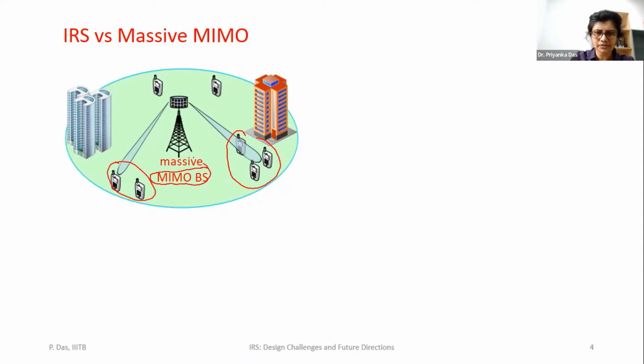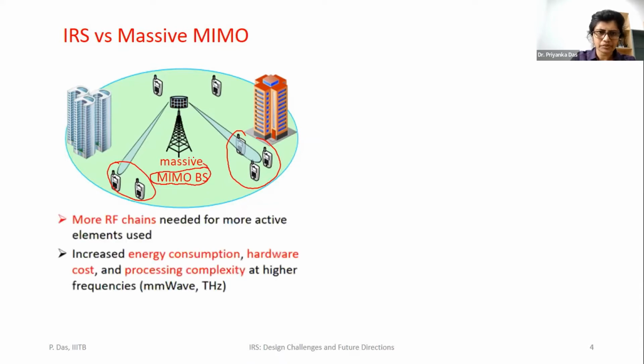The cost is more RF chains. Okay, the number of antennas are increasing. So for every antenna, theoretically, there is an RF chain behind. So you need to feed that signal, all these analog or digital elements, to transmit the signals from this antenna. So more RF chain is the burden here. Of course, energy consumption will be more.